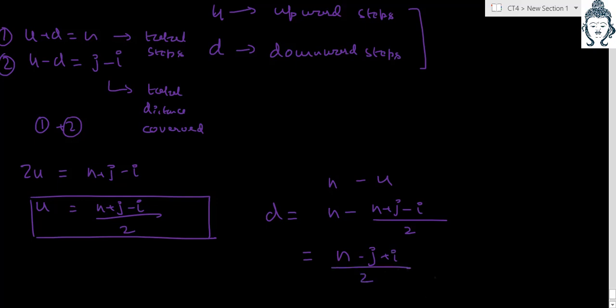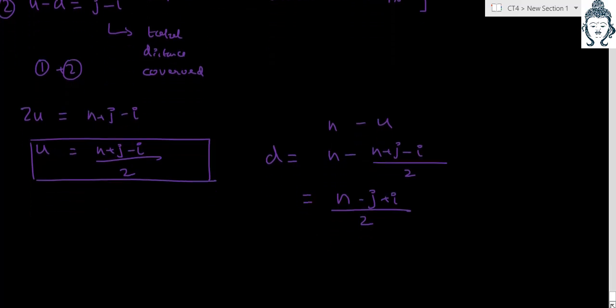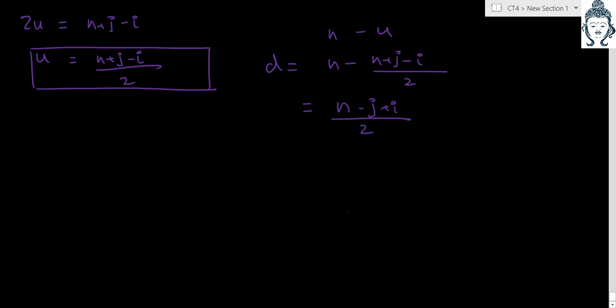So I have to take these steps. I'll have to take (n plus j minus i)/2 upward steps and (n minus j plus i)/2 downward steps in order to get from i to j in n steps, right?